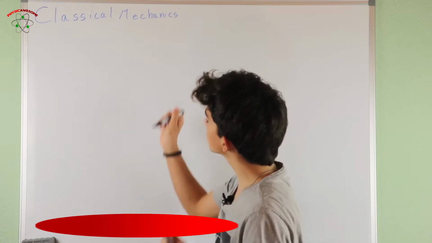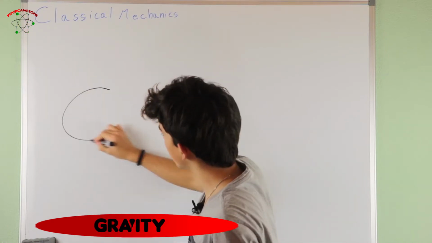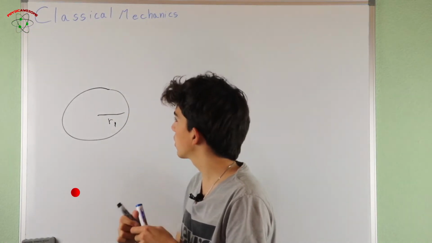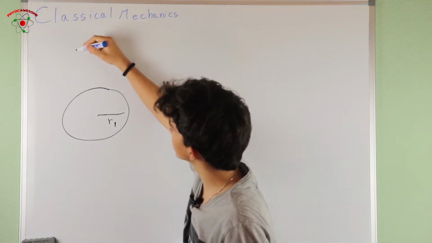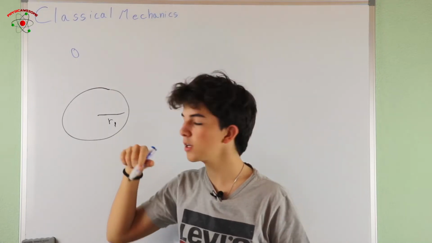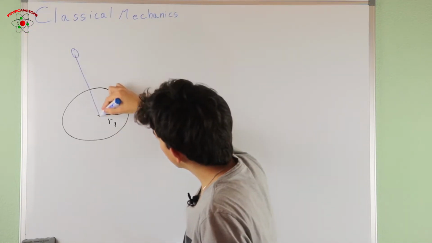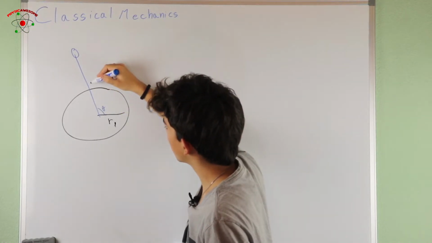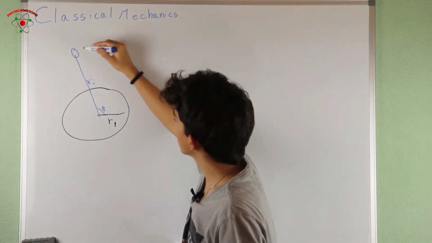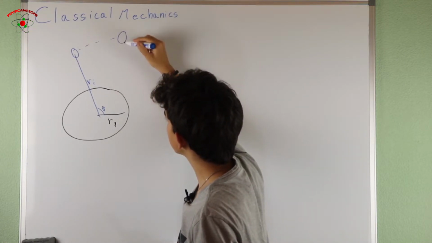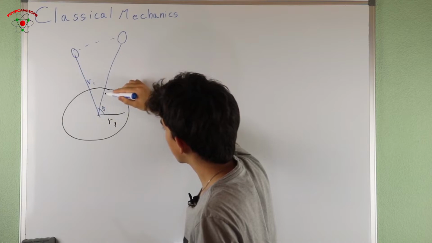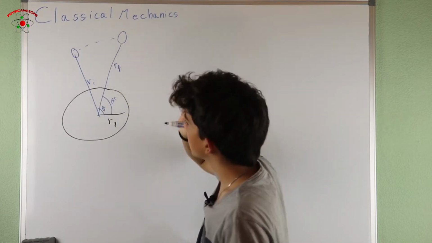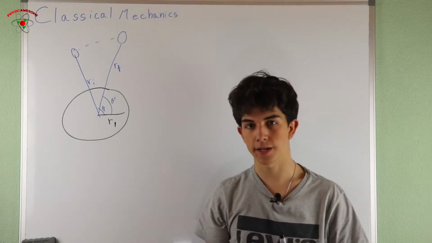First of all, we're going to draw our planet over here with a radius, and we're going to have an object that is going to be at an initial state at an angle theta and a radius r initial, and it's going to move to a final state at an angle theta prime and a radius r final.